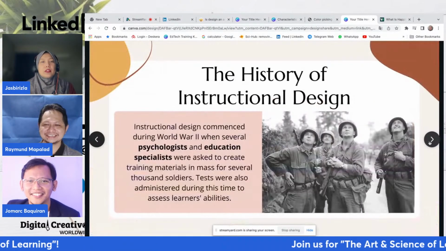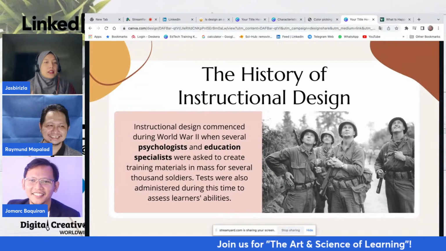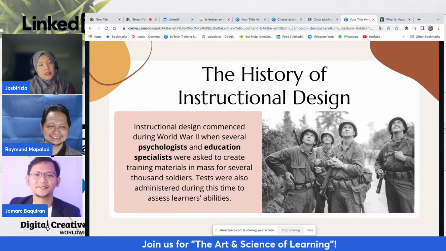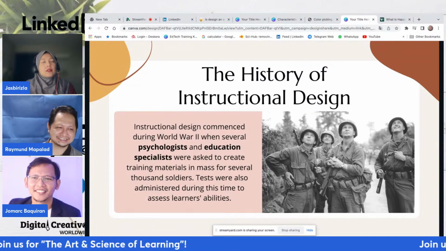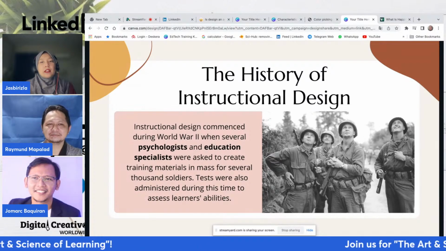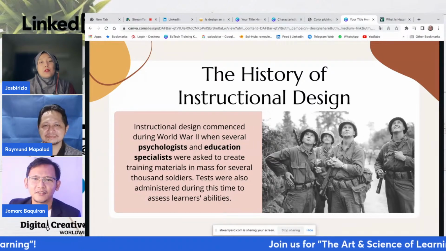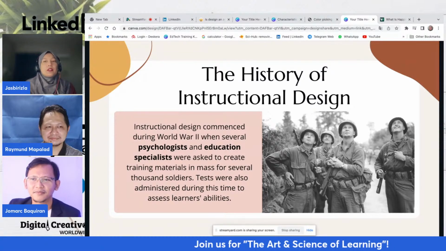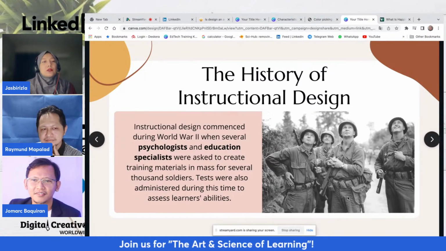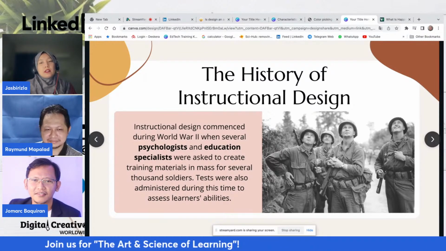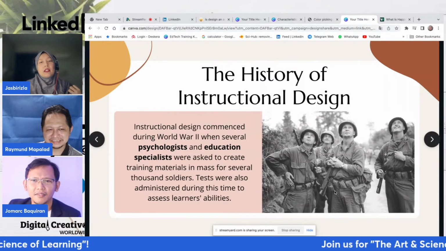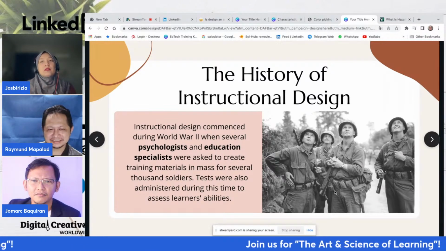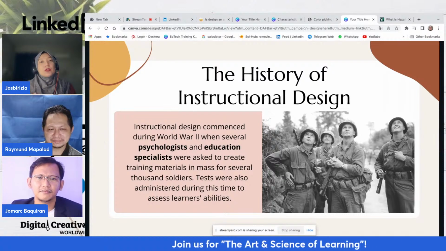So let's start with the history of instructional design. Instructional design models and theories started back in the 1940s during World War II. Psychologists and educational specialists started to collaborate and create materials for soldiers to learn.